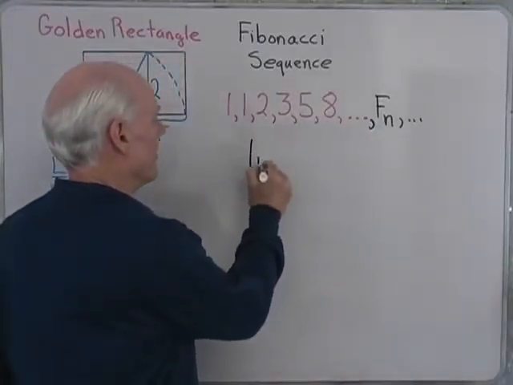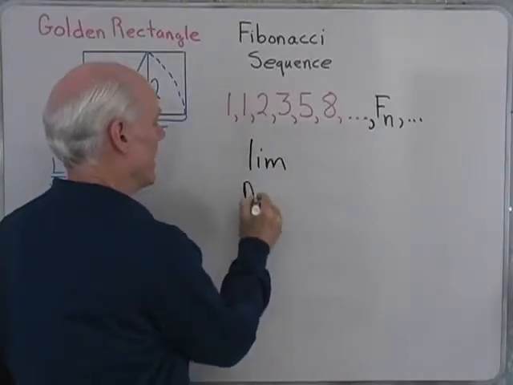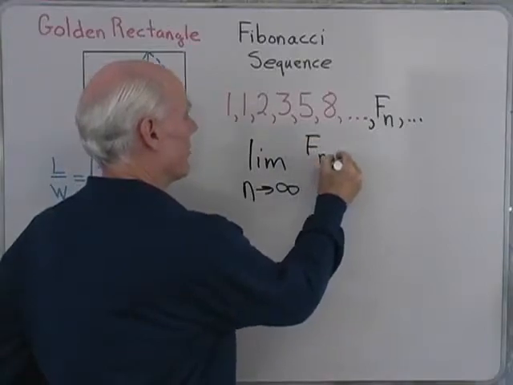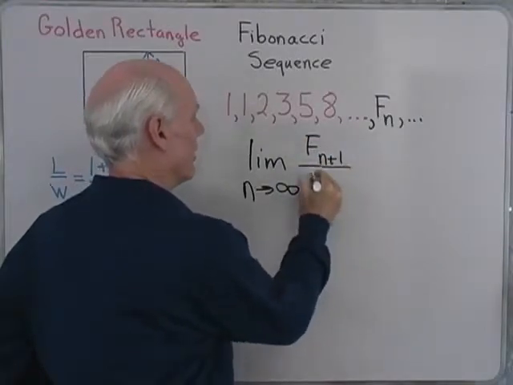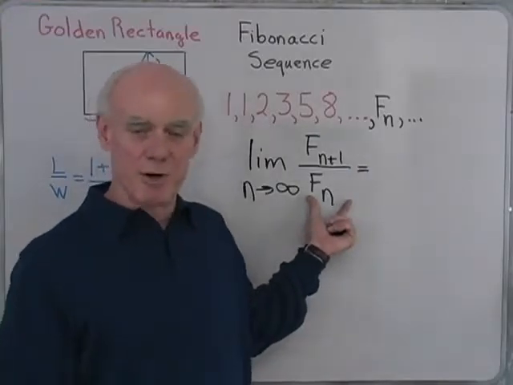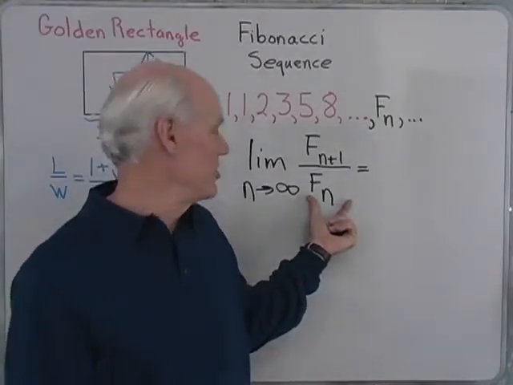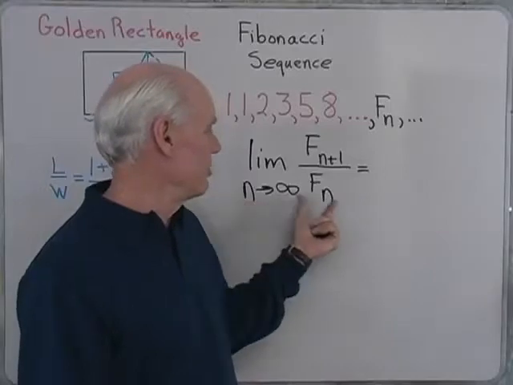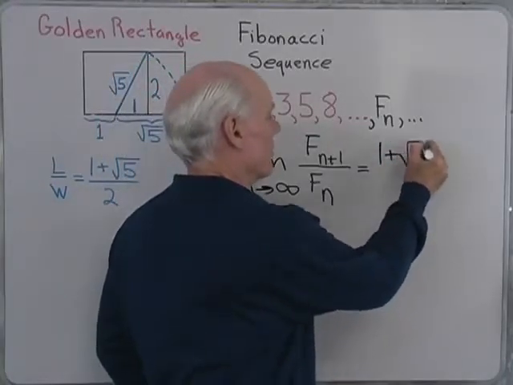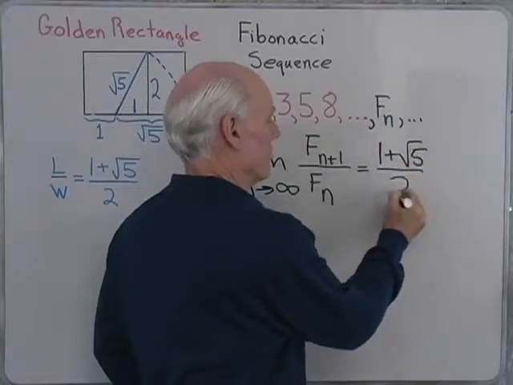The limit as n goes to infinity of f sub n plus 1 over f sub n, that just stands for a ratio of consecutive members of the Fibonacci sequence. The limit as n goes to infinity of this is 1 plus square root 5 over 2.